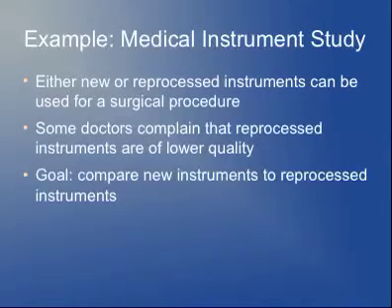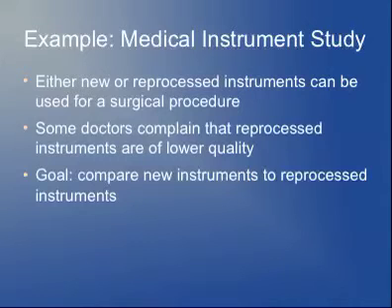And she can buy either new instruments or reprocessed instruments. The reprocessed ones are obviously cheaper, but she's had doctors complain that the reprocessed ones don't work as well, even though the company that makes them insists that there's no detectable difference between them and the new instruments, but nobody seems to have any scientific evidence on this one way or the other.